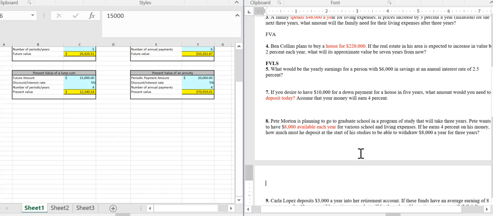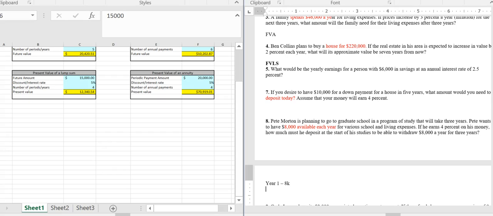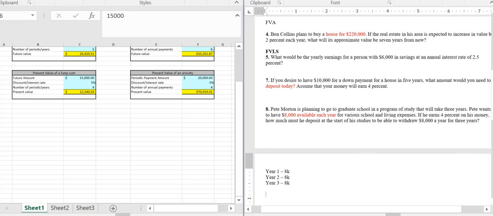So he wants, year 1, $8K, year 2, $8K, and then year 3, $8K. So the question is, how much does he need now so that he can withdraw $8K for 3 years? So my hint to you is think PVA.